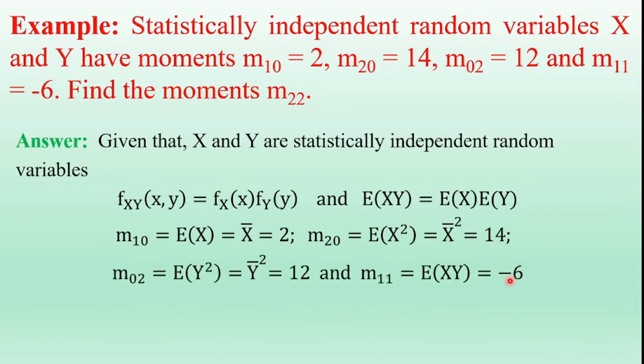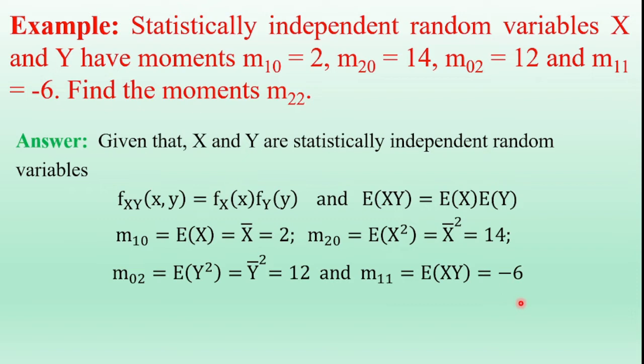M02 is the second moment of the random variable y, that is the expectation of y square, whose value is 12. And another second order moment, M11, is the expectation of xy, which is minus 6. So calculate the moment M22.